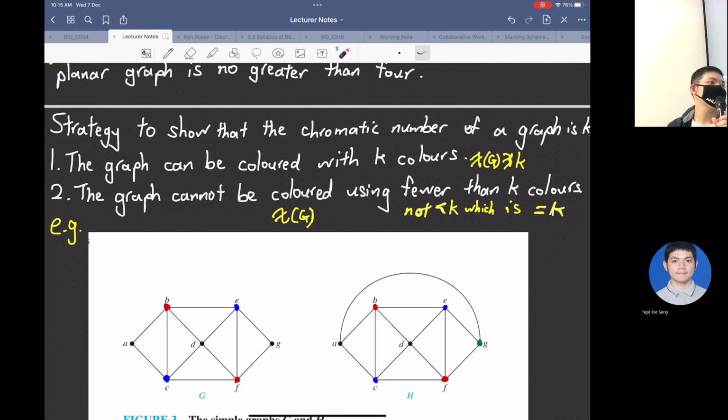Which way? The graph cannot be colored using fewer than k, so this one is the least number. Greater than or equal to k.